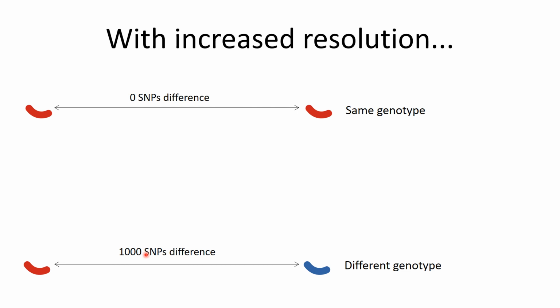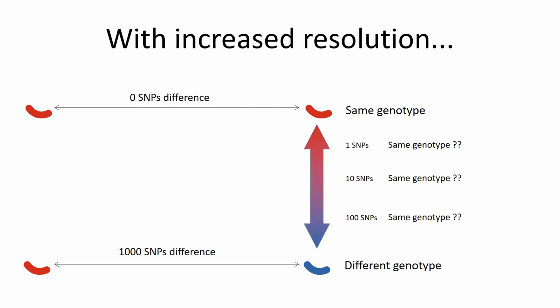So maybe you don't know so far, but maybe you will know at some point if you keep doing clustering analysis and analyzing genomes of MTB bacteria, 1,000 SNPs of difference between two strains is a huge difference because, again, as we explained, mycobacterium tuberculosis evolves very slowly, and we don't expect in short times to find high amounts of SNPs of difference. So again, there is no discussion here with such a high difference in SNPs that these are different genotypes.